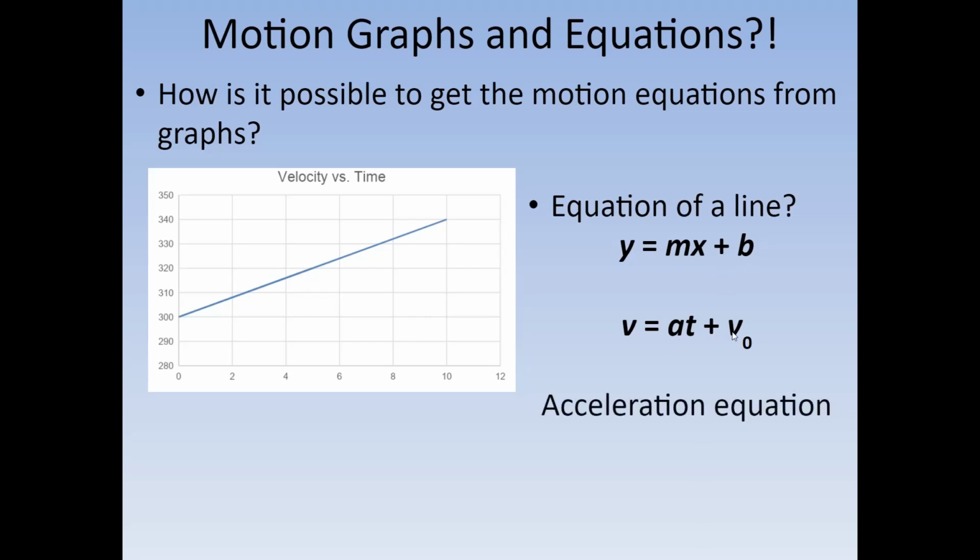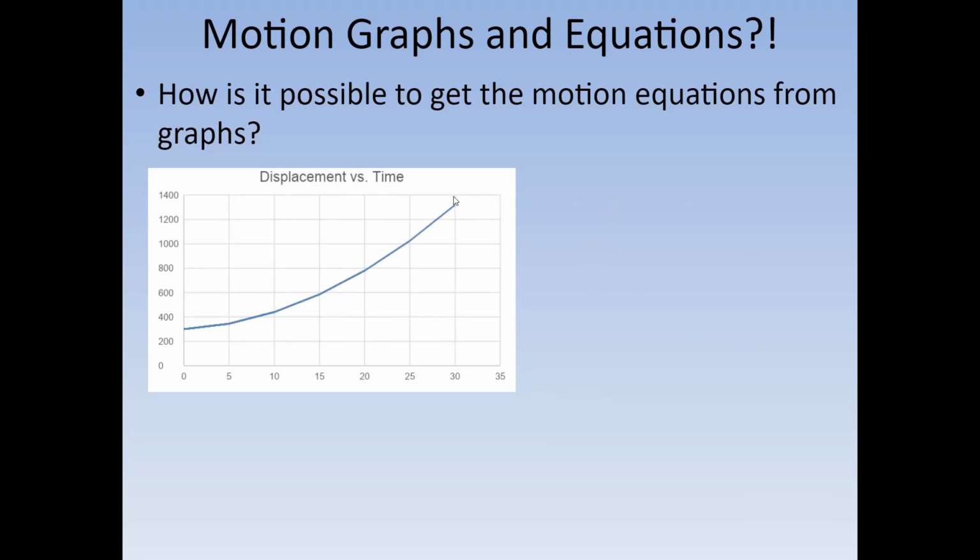the acceleration equation. Same thing here, this is a quadratic equation. The equation for a quadratic is y equals ax squared plus bx plus c. On the y-axis, well, that's displacement. The x-axis is time. So if I replace y and x with d and t, I end up getting that. The c term, that's my initial position.